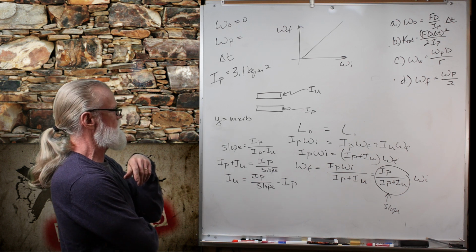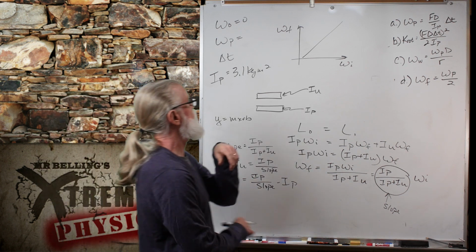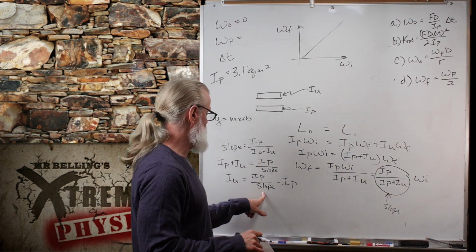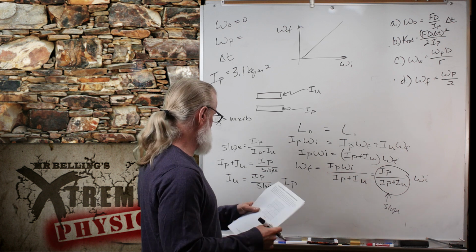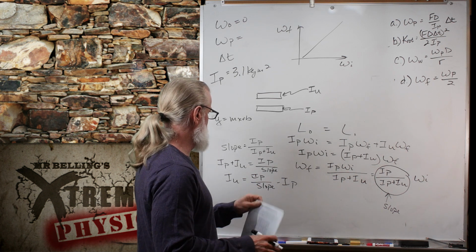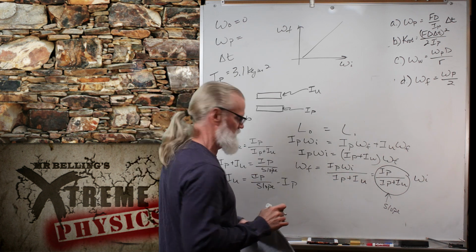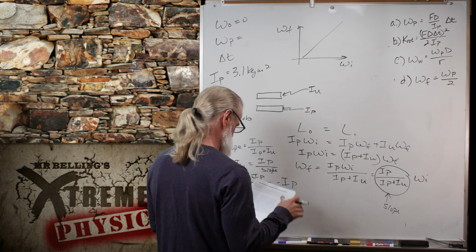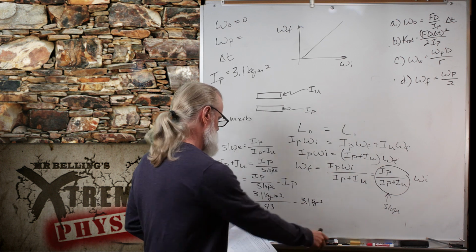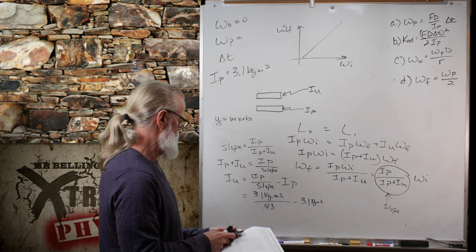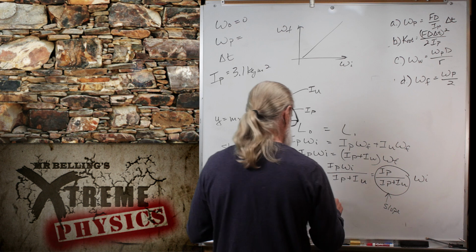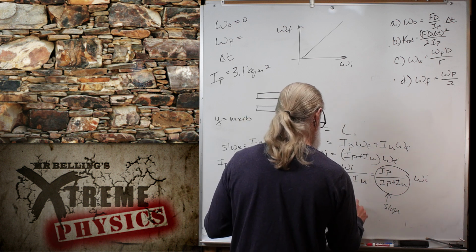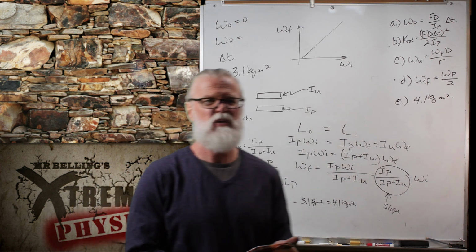There may be other ways to do it. That's one way to do it. So I just need to get the slope value, and they gave me the IP value, and we could go from there. I'm just going to use the numbers that the College Board used for the slope. All right, let's see what that gives us. 4.1 kilogram meters squared.